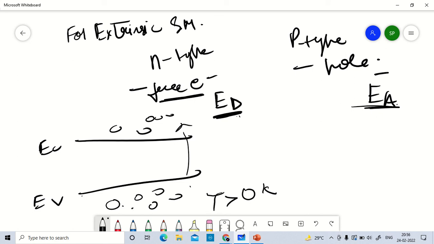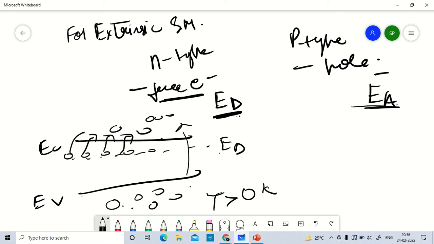The free electrons over here, in the energy band of n-type semiconductor, the donor energy level ED is below the bottom or the lowest level of the conduction band, and electrons from this level move into the conduction band with very small supply of energy. So the free electrons at ED, the donor impurity level, are just below the lowest level of the conduction band and they easily move.